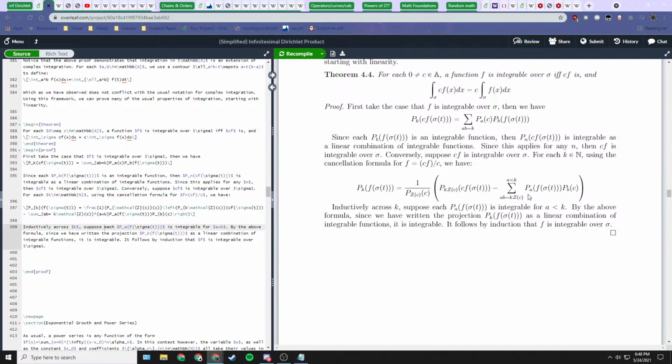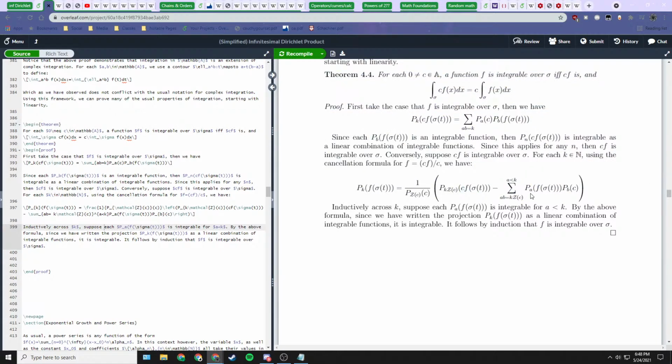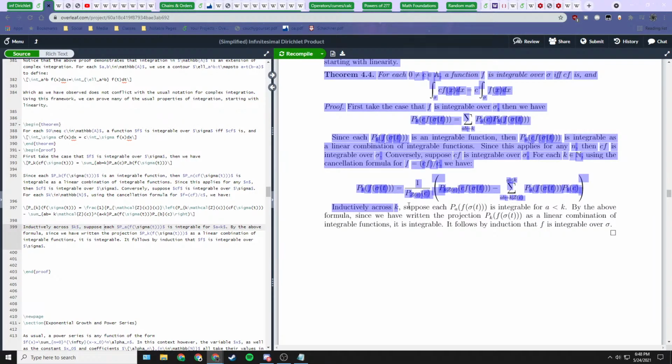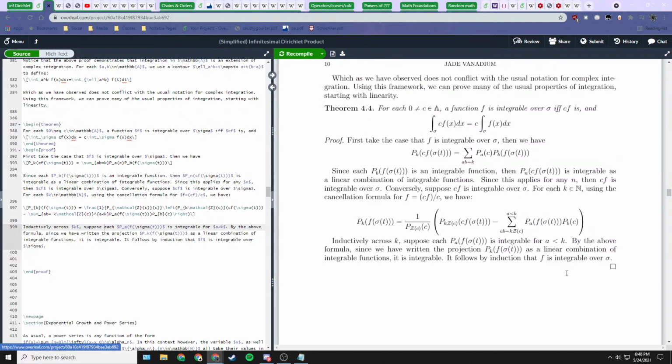And then using this induction, let's suppose all these lower projections for A less than K of just F of sigma are integrable. Then these are all just constants. So we have this linear combination of integrable functions. So P sub K of F of sigma is integrable. But since we're just doing an induction across arbitrary K, this follows for every K, and thus F is integrable over sigma. So these two directions are saying F is integrable over sigma if and only if CF is.